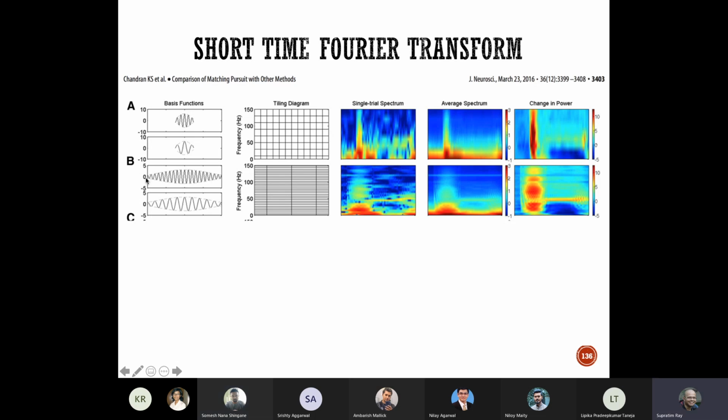The frequency is determined by how it's oscillating. That oscillation is just the window multiplied by e to the power j omega t. That omega is fixed. So when I use multi-taper method, the different windows or the different basis functions are for the same frequency. That's how you get multiple estimates at the same frequency, right?